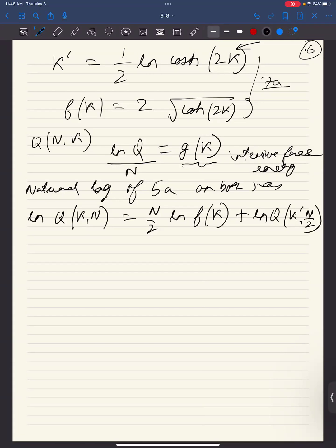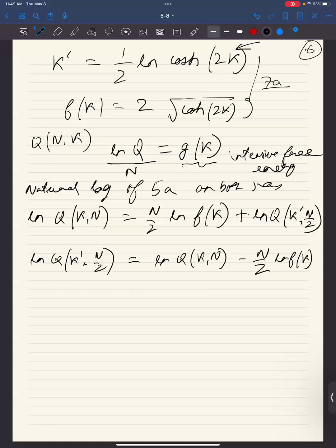So if I take this and divide by n, I want to do one more manipulation. I want to write down this as ln of q of k prime, n/2 is equal to ln of q of k comma n minus n/2 ln of f of k.